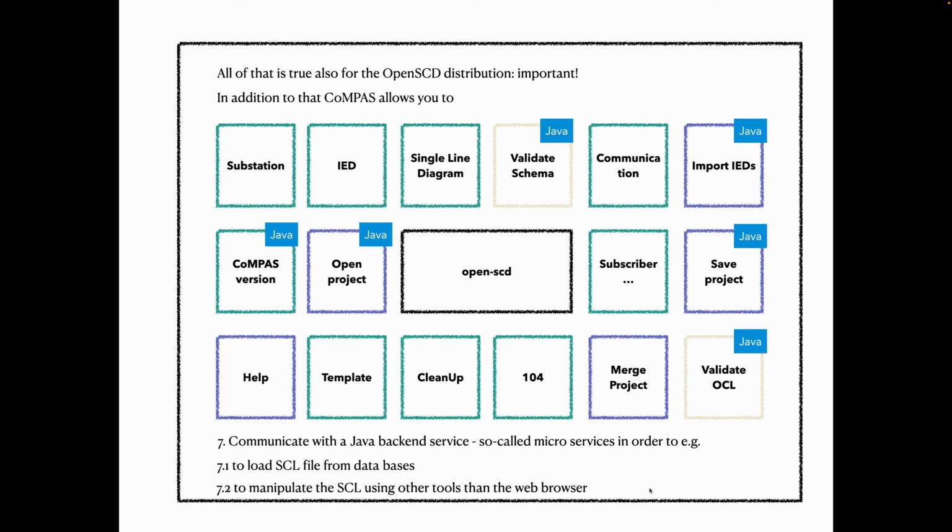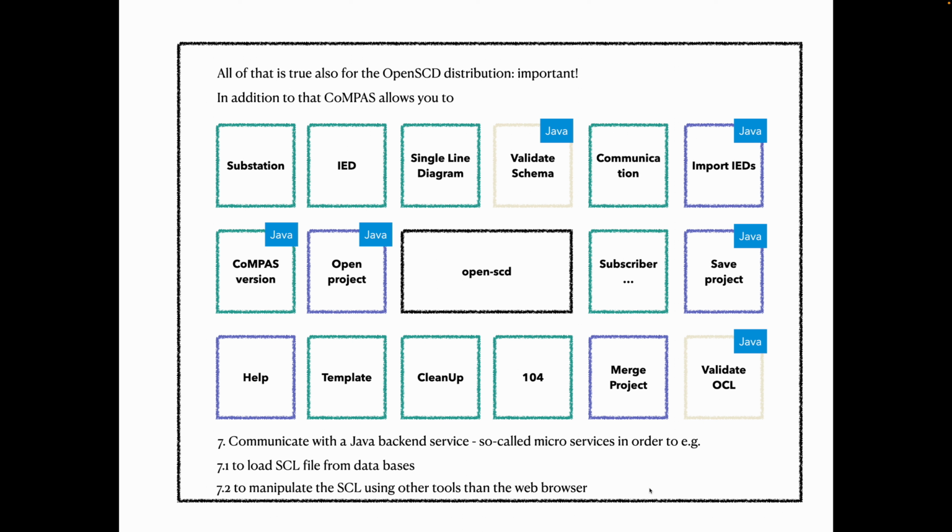In CoMPAS, it is calling a backend service that is doing the validation using Java libraries instead. Or we have some things that cannot be accessed in OpenSCD, as for example, the validate OCL. There is already a Java library that allows validating SCL files against SCL rules provided by EDF. And we can access that by calling this service in the backend.